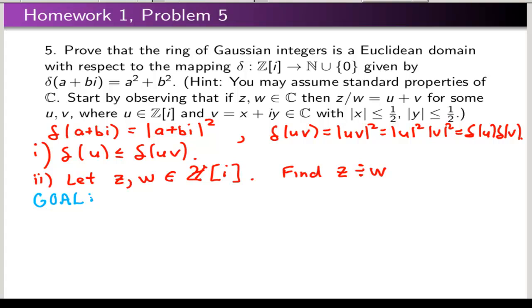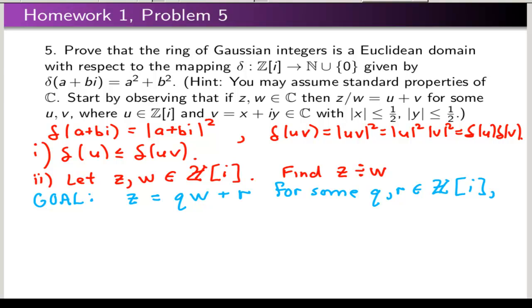So the goal is to show that z divided by w is some quotient plus a remainder that's very small. So I want to show that z is q times w plus r for some Gaussian integers q and r, where the remainder r is smaller than the divisor w.